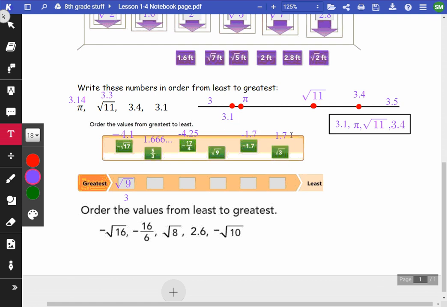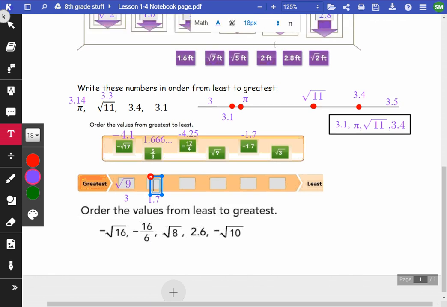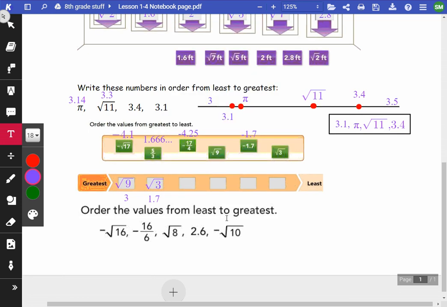I had 1.7 and 1.6 repeated for my positives. I'm going with 1.7 is the next lowest. But is that what they gave me? No. They gave me the square root of 3. And I hope you're getting faster at using the tools here on Kami like I am. Okay, then my last positive was 1.6 repeated.